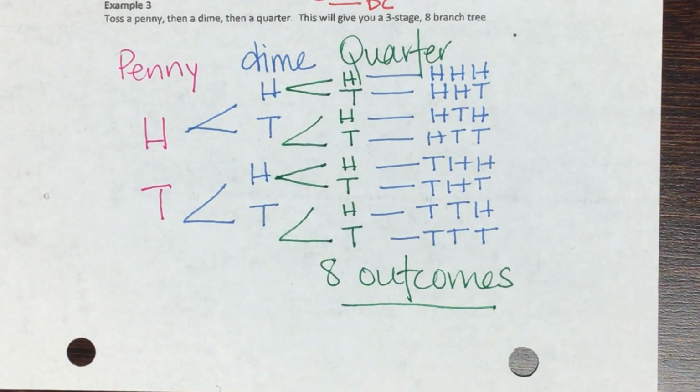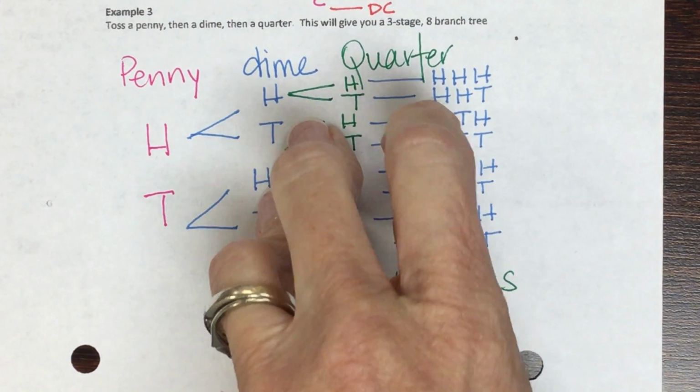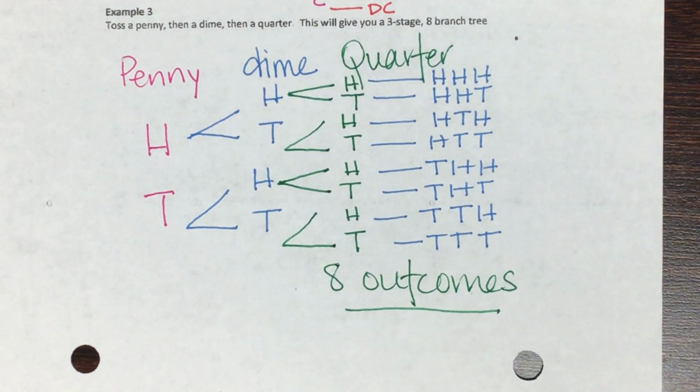Go ahead and try that practice one. Use the front as your example. Okay, you might have to flip back over a couple times, okay? But it says 2 spinners are spun. Draw a tree diagram showing all the outcomes. Just draw a tree diagram real quick. We'll see how we go.